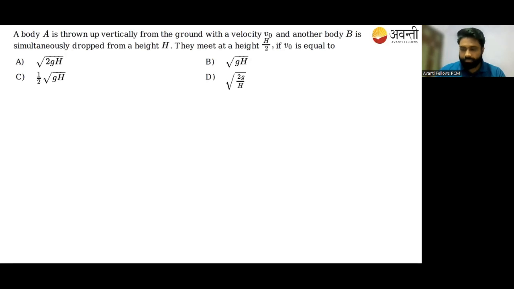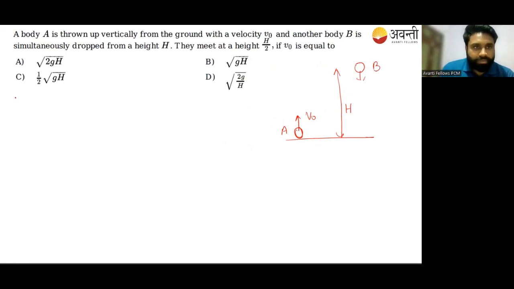So, to solve this question, we need to draw a reference point from where body A is thrown upward. This is body A thrown upward with a velocity v0, and at some height, let's say this is the height H, body B is dropped.